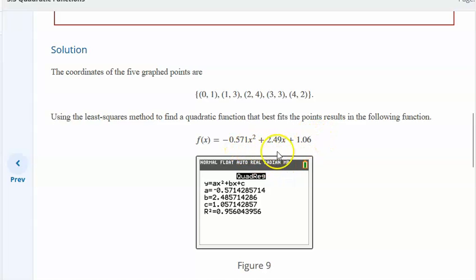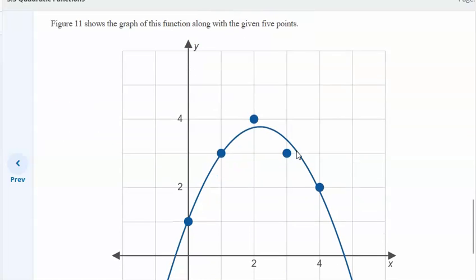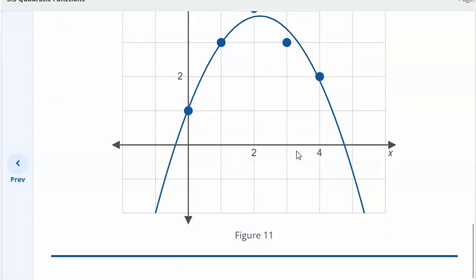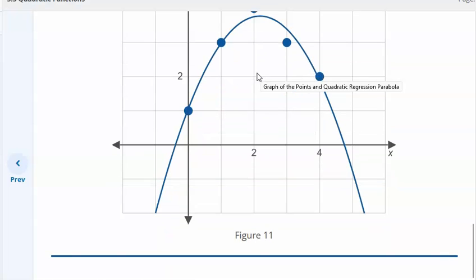Now, from this function, you ought to be able to find the vertex using that vertex formula, and that would be this example. Again, we're not going to go into it in great detail, but notice that this point is not the vertex. The vertex is somewhere there, and that's what they'll be asking you to find.